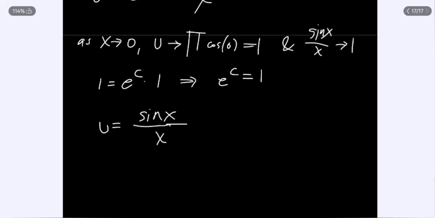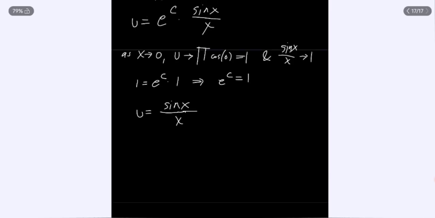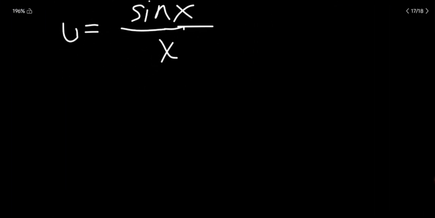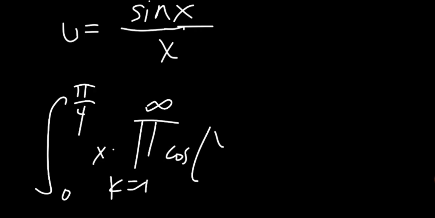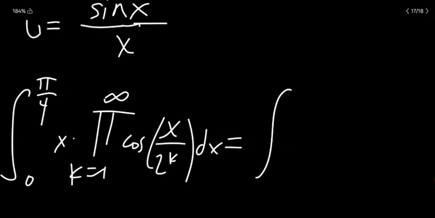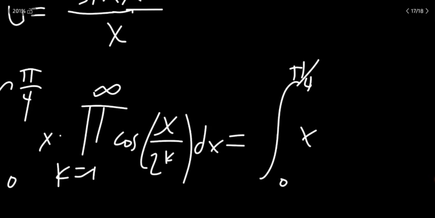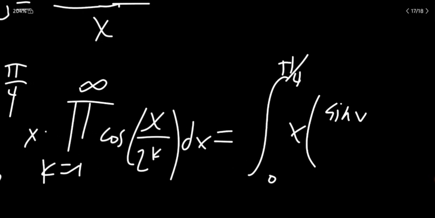So now in our integral, we can just replace the product by that. So the integral from 0 to pi over 4 of x times the product, k equals 1 to infinity, of cosine of x over 2 raised to k dx should just be the integral from 0 to pi over 4 of x times sine x over x dx. And whoa, look at that.